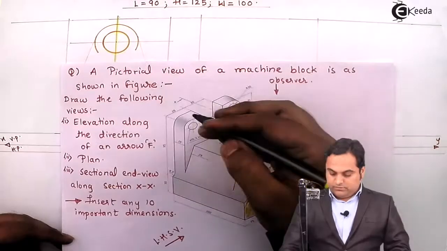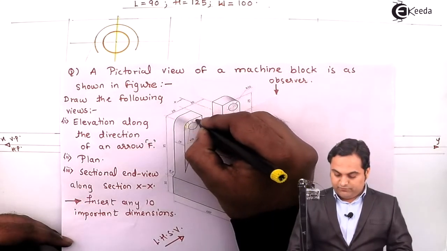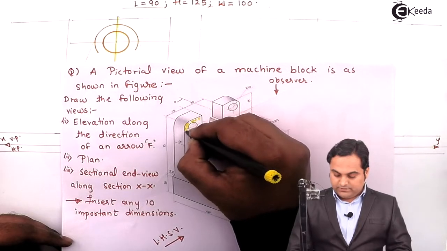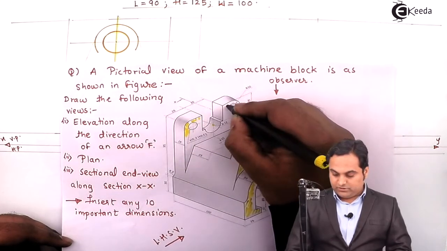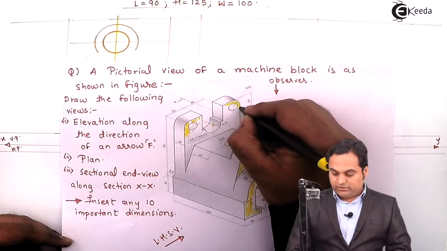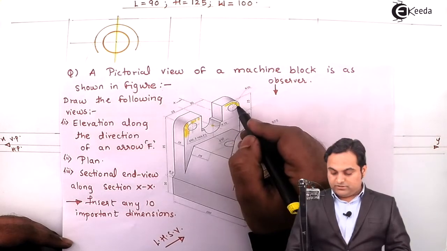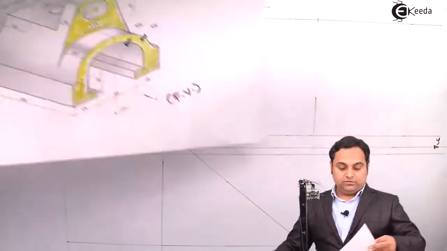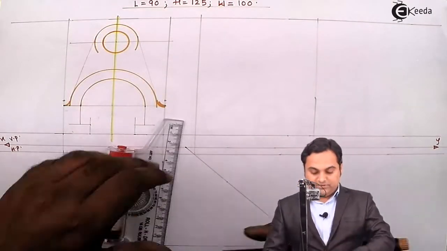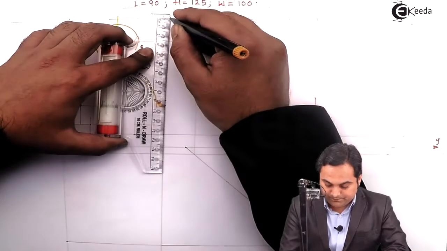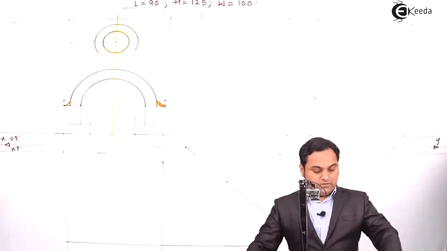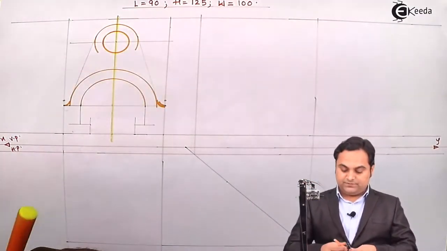Next, after that, this surface, some portion of it will be seen, that is this quarter circle. Similarly onto the other side. Now the quarter circle is having radius 10. So in order to draw that, I'll measure 10 mm from one side. Keep that distance in the compass.